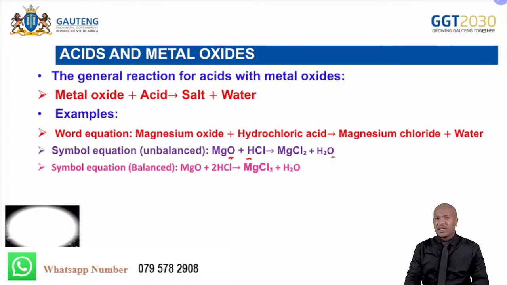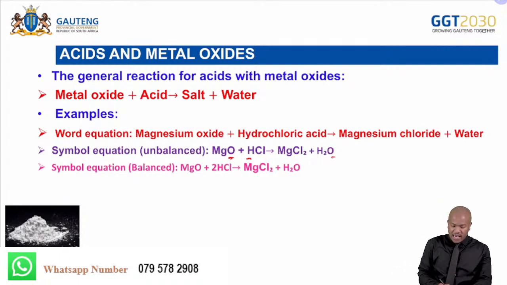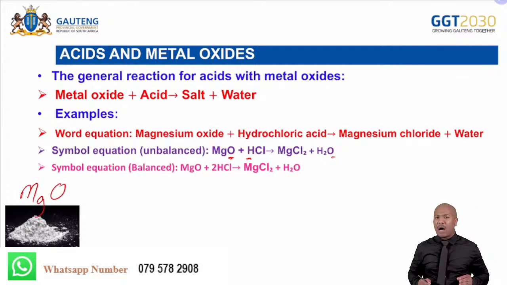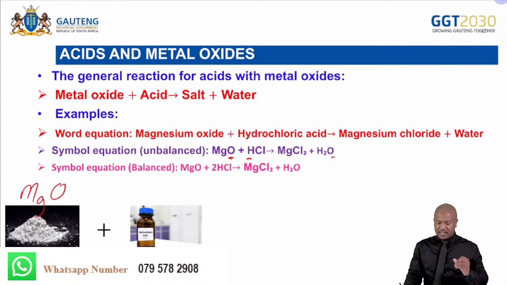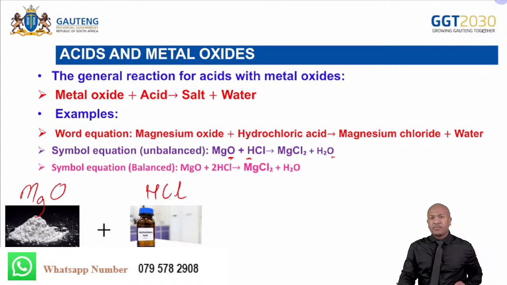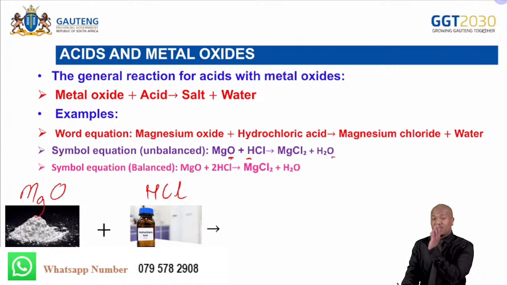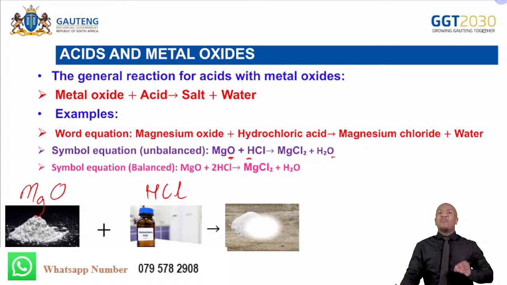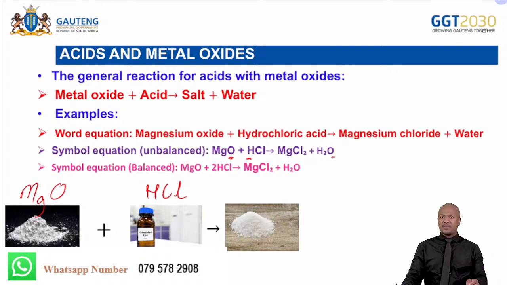Now let's look at the pictures here. Here is our picture of magnesium oxide, right? This is magnesium oxide powder. It is plus the hydrochloric acid, right? Together they form salt and water. The salt in this case is what? Magnesium chloride, right? Look at this. It is crystal-like.